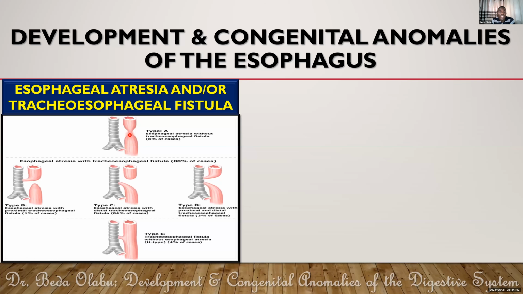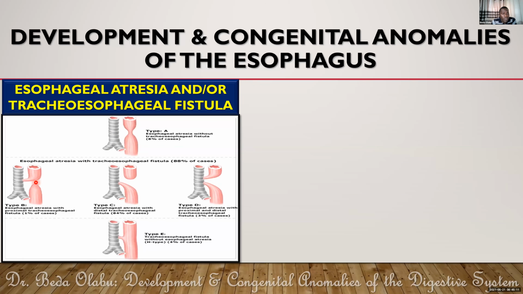We can conclude that to mean that there is blockage, so there is lack of continuity of the tubular lumen of the esophagus. Therefore, that is esophageal atresia. So in type A, we have esophageal atresia without tracheoesophageal fistula. That is type A.